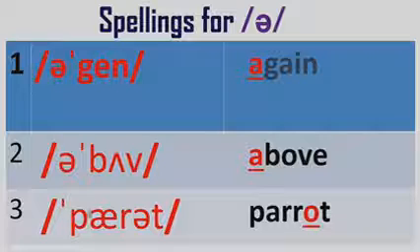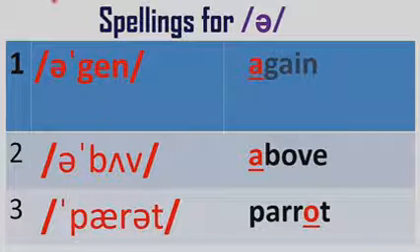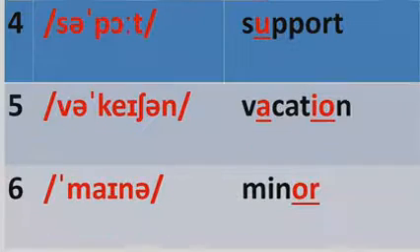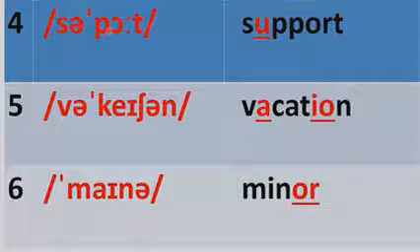This is pronounced parrot. Can we call the words again, above, parrot? Great. In number 4, the letter that gives us the schwa is letter U. So this is pronounced support.